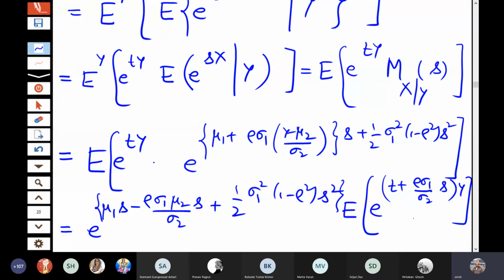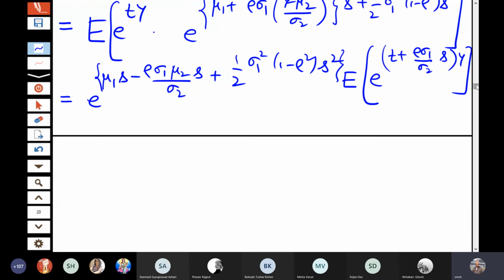The expectation of e to the power (t plus rho sigma 1 by sigma 2 s) into y is nothing but the moment generating function of y at the point t plus rho sigma 1 by sigma 2 s.